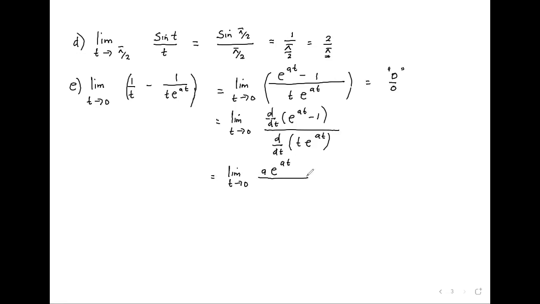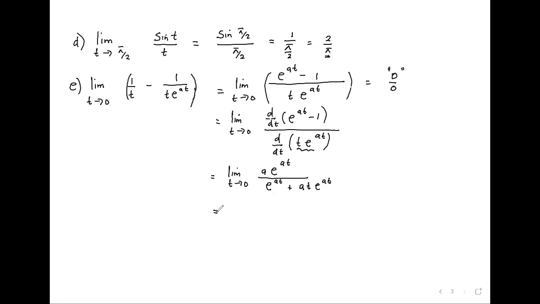And then down here, you use the product rule. So we have the derivative of t, which is 1. So we get e^(at) multiplied by 1, plus the derivative of at, which is a. So a t e^(at). Then now we can substitute the 0.